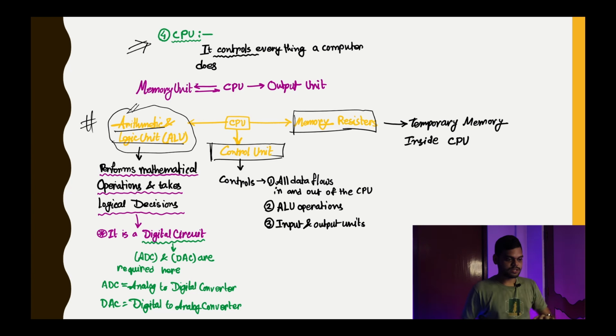We will be talking about this in detail, but for now just remember that the ALU is a digital circuit. Even the computer as a whole is a combination of digital circuits. It is very important, very crucial. Just remember it for now. We will deep dive into it in future classes.